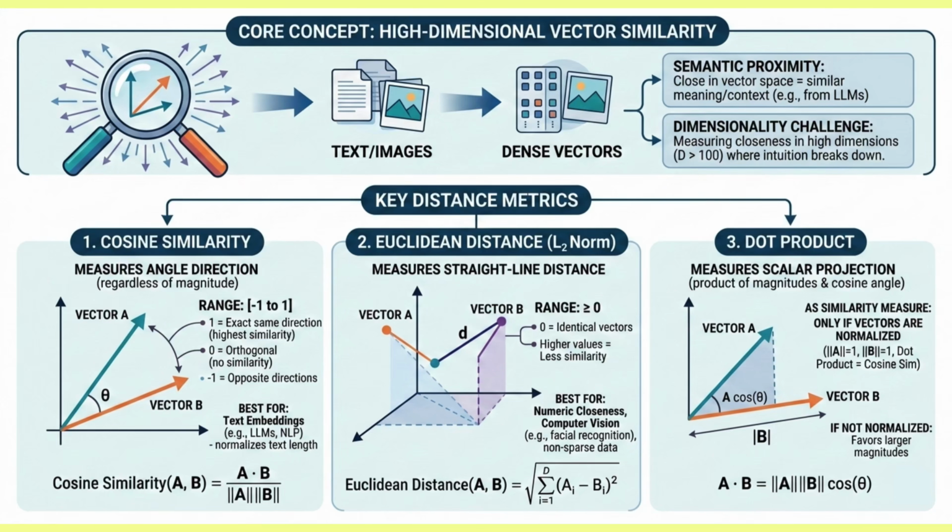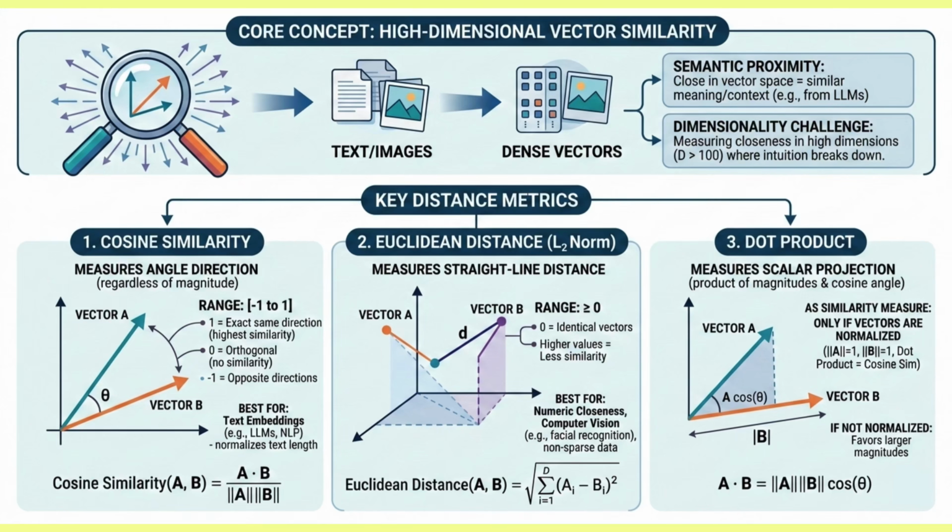Euclidean distance, also known as the L2 norm, is the standard straight line distance. What it measures is basically the geometric straight line distance between the two vector points. We can see the formula, where d is the dimensionality of the vectors.